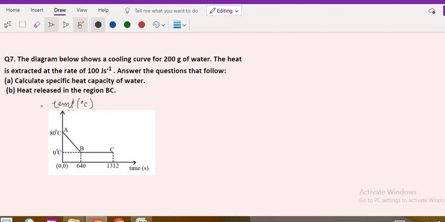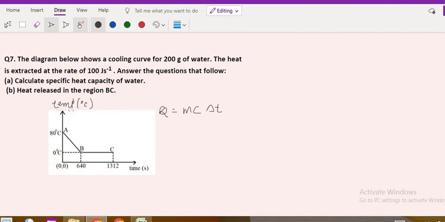Let us now see the first part of this question. It is saying calculate specific heat capacity of the water. Now you can see that I have to apply the same formula, that Q is equal to M into C into delta T. Now the time that the body is taking to go from point A to point B: at point A the time is 0, these are the coordinates, 0, 0 is the origin.